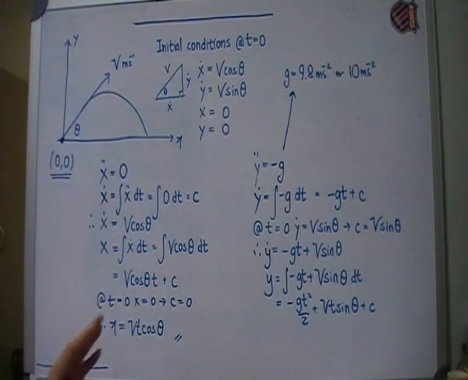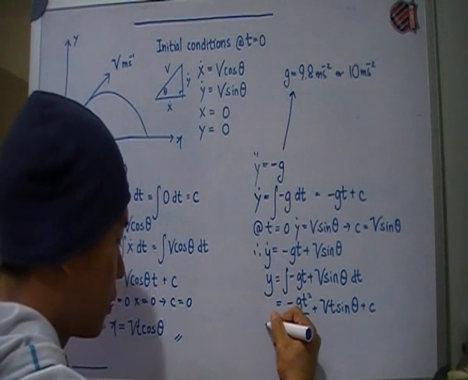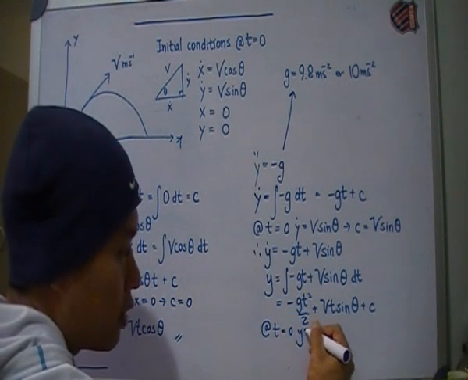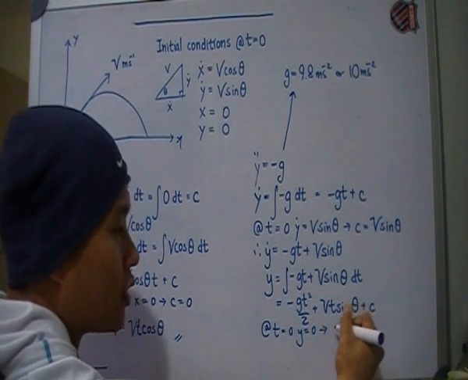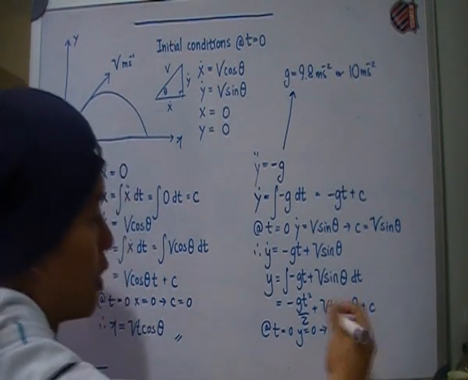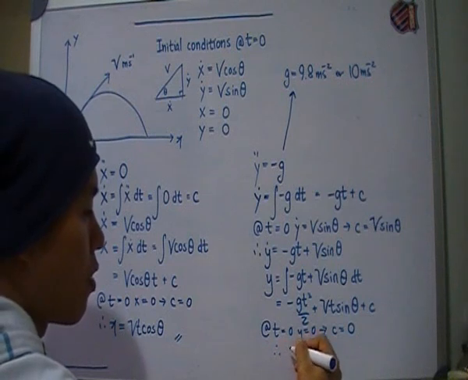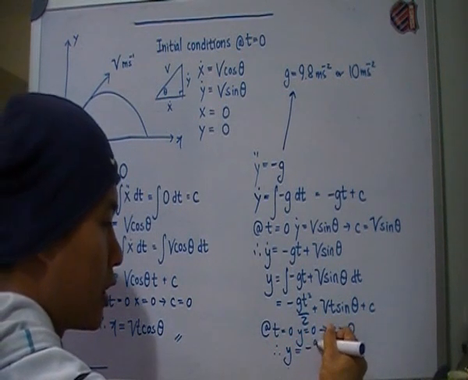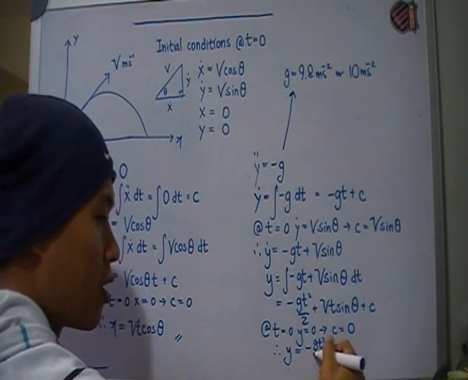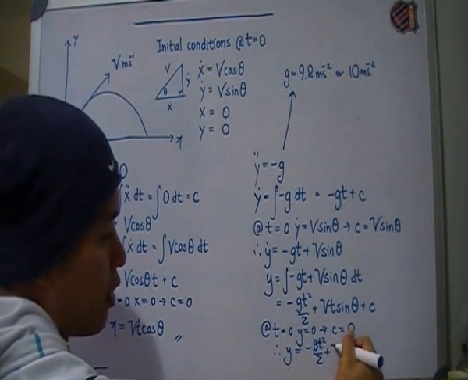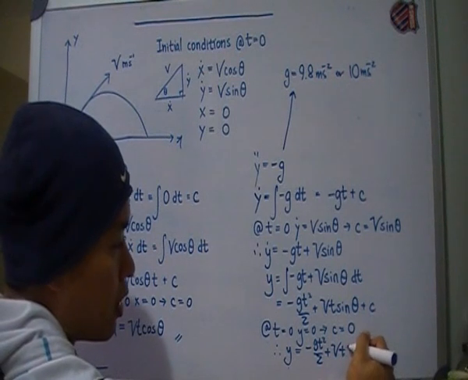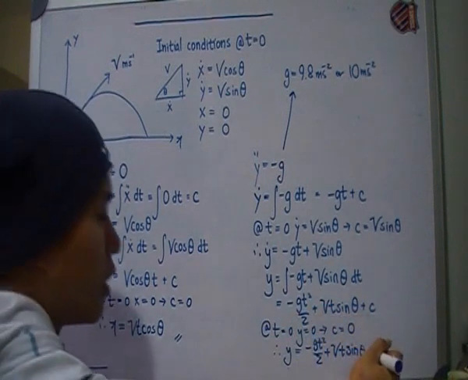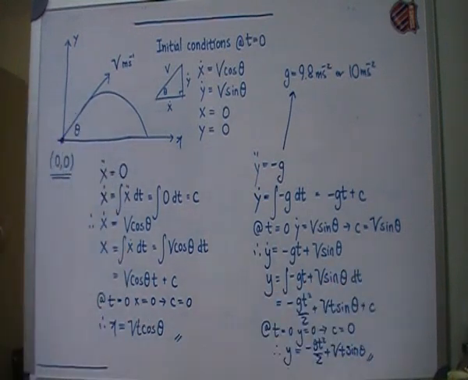Here, because at t equals 0 you have y equals 0, that'll give you c equals 0. And you end up with, therefore, y equals minus gt squared on 2 plus vt sine theta. And that is your y equation.